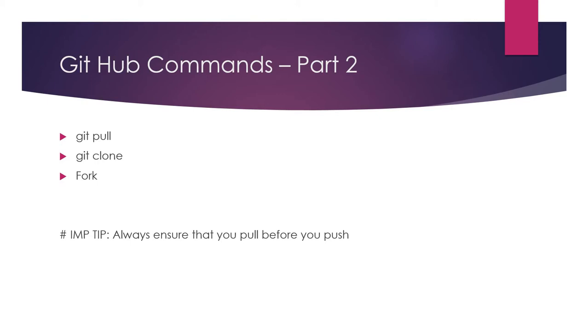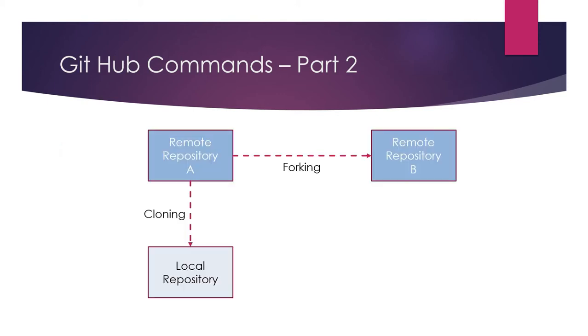Let's move on to discuss the concept of cloning and forking. Both cloning and forking conceptually create a copy of a remote repository, but the difference lies in their workflow. Forking is a concept while cloning is a process. Forking is just creating a separate copy of the repository and there is no command involved.